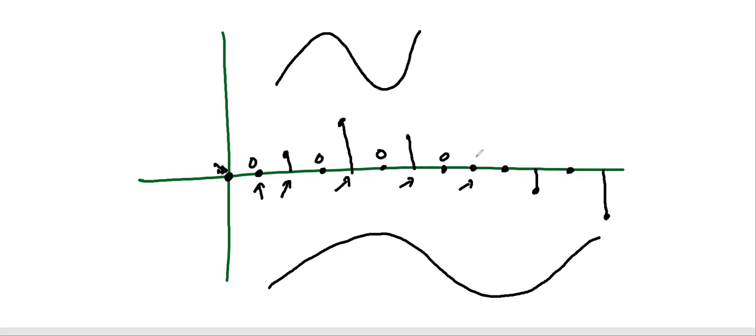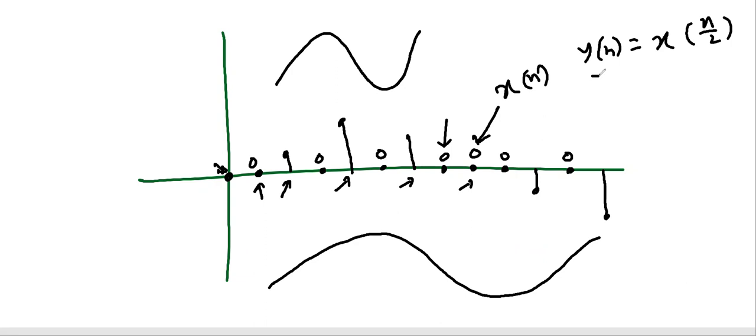This 0 came from x[n], and this 0 is from the upsampler in your system. What is the system definition? It is x[n] divided by 2. That is called upsampling because you are adding more samples in between two data points. That's why it is called an upsampler.